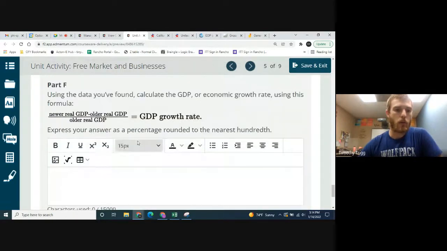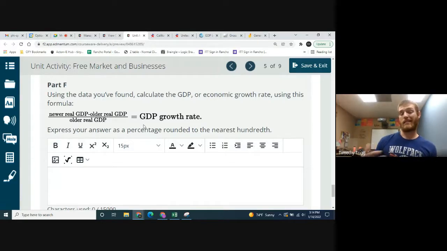Now what we want to do is find the GDP growth. So actually our growth didn't actually grow. It went down a little bit. So what we're going to do is the new GDP minus the old GDP divided by the old GDP.